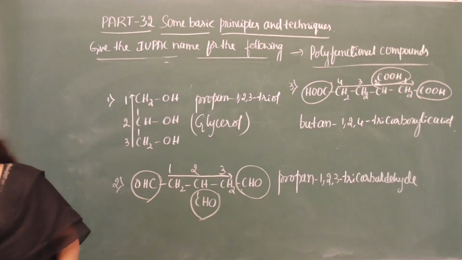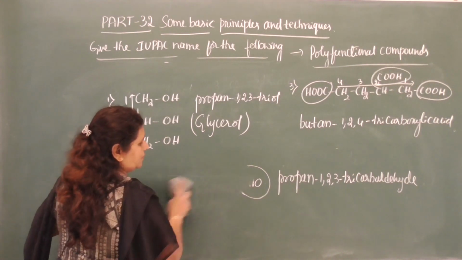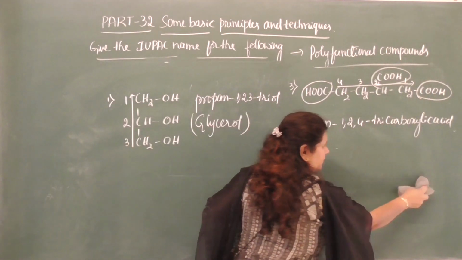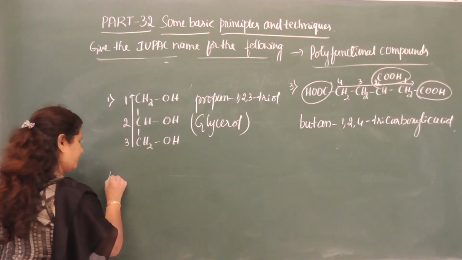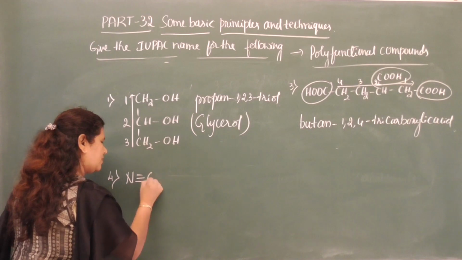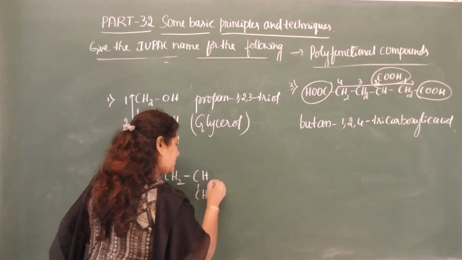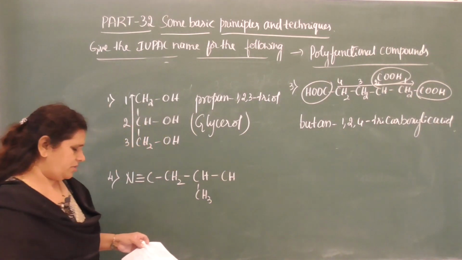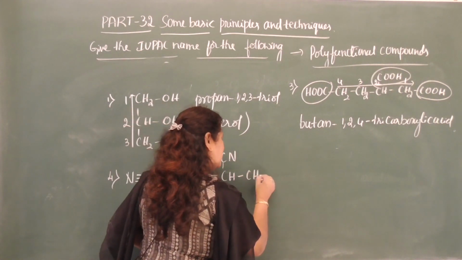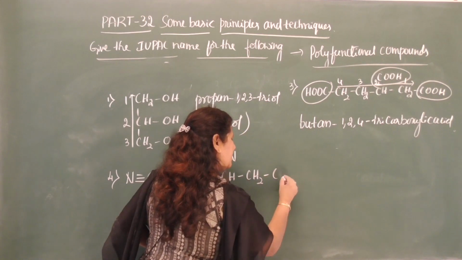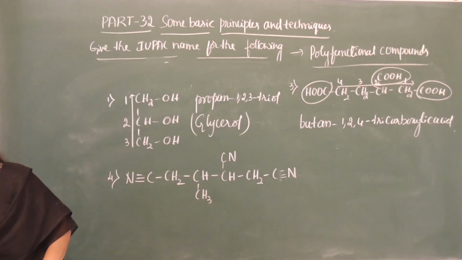Okay, now move on to the next one, the fourth one. I will write the fourth compound here. This is N triple bond C, CH2, CH3, CH, CN, CH2, C triple bond N. See here, nitrile group is there.